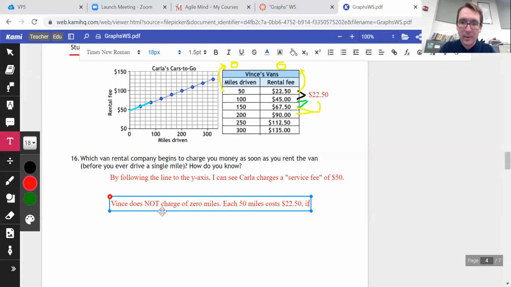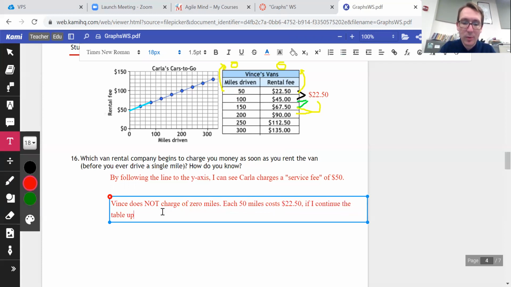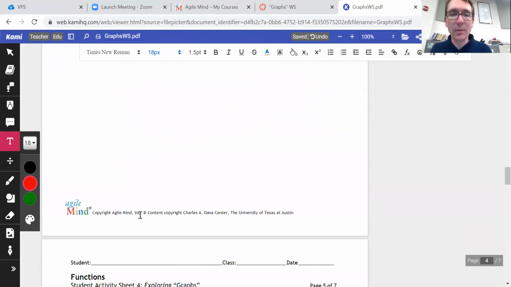If I continue the table upward, I get 0 miles costs $0. Hopefully that makes sense. And that's what we got there.